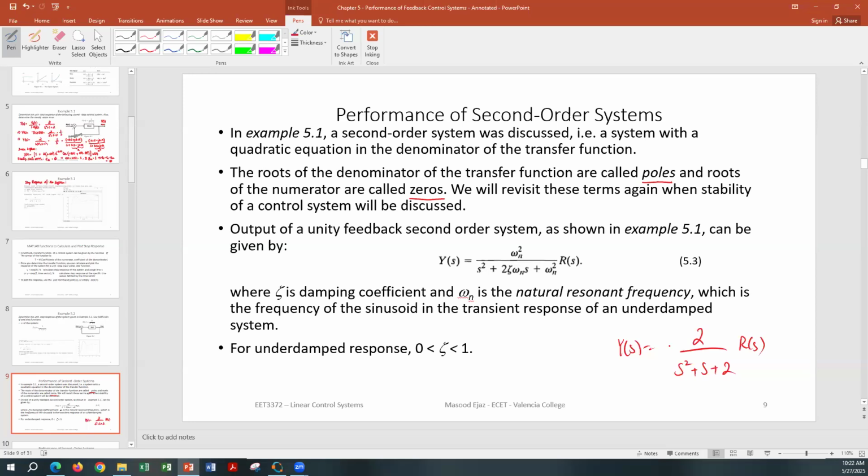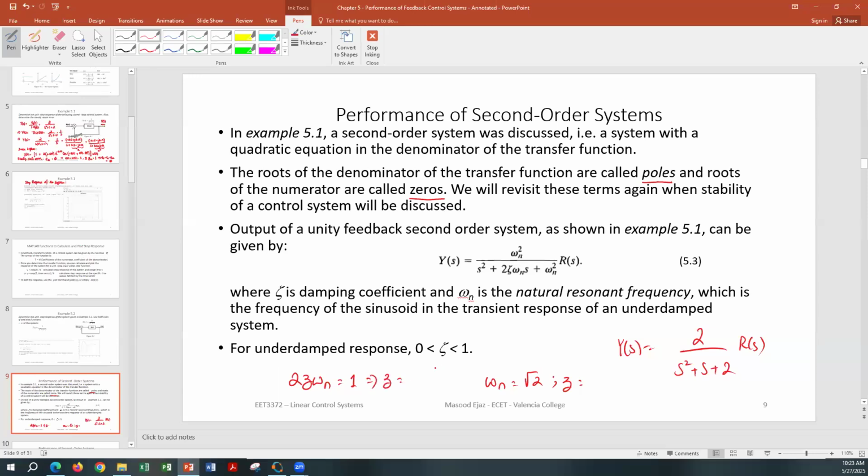So if you compare these two, what do you suggest? What is omega n square and what will be the value of zeta? Omega n will be square root of 2, and then zeta will be equal to, so 2 zeta omega n is equal to 1. 2 zeta omega n equals 1.